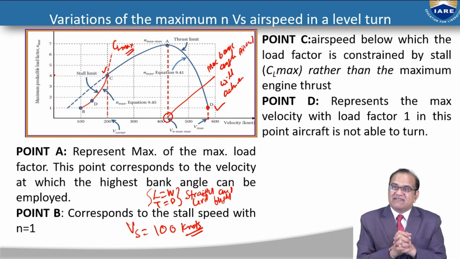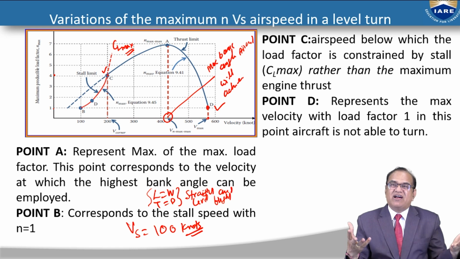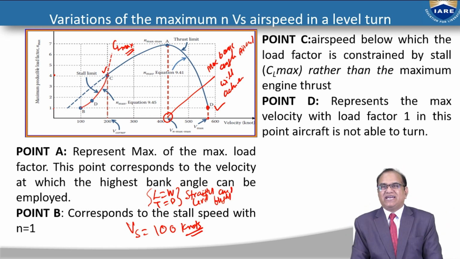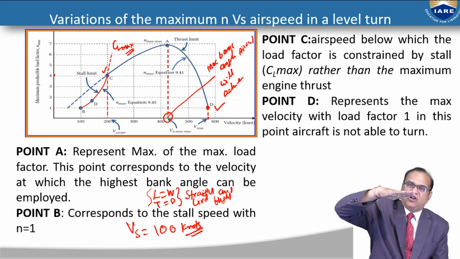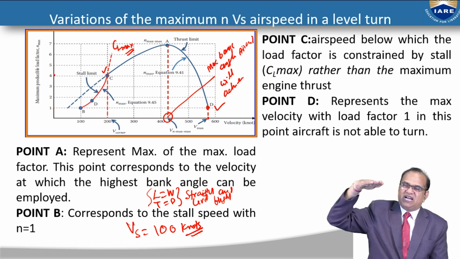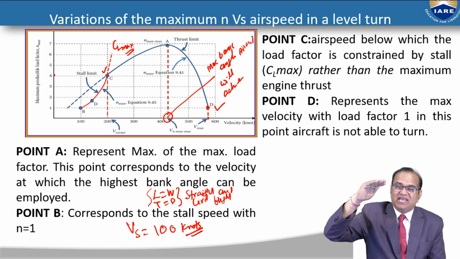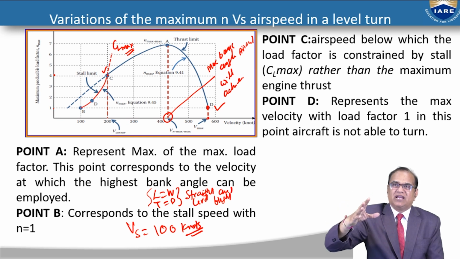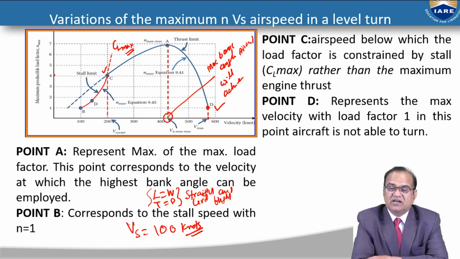That is the condition we have to understand: how much maximum speed you can get, and under which condition. You get it only when your aircraft is in steady level flight, no turning, no banking, straight and level, maintaining the same altitude. If you are flying at full throttle, you will get the maximum speed, which is also called the never exceed speed.